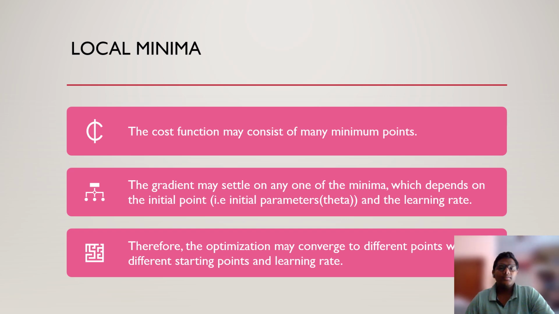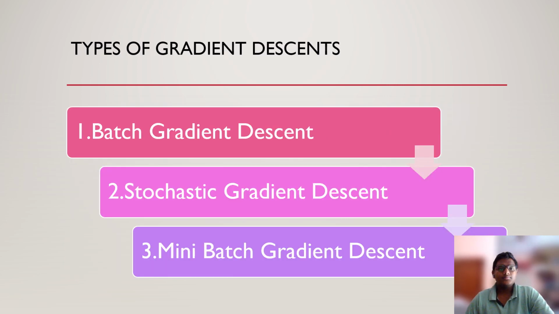Therefore, this optimization may converge to different points with different starting points and learning rates. This is what is known as local minima, as I explained with the diagrammatical representation. Here you can clearly observe how it works and what the cost function consists of. So moving to the next slide.